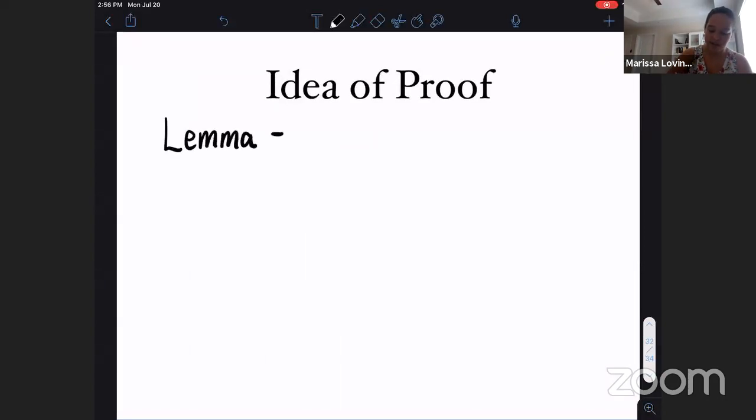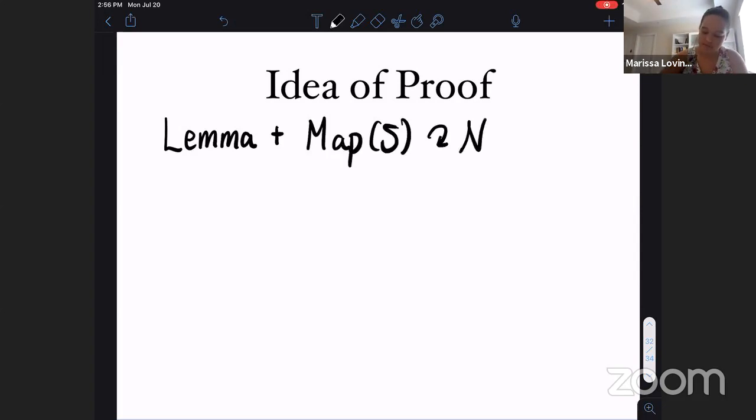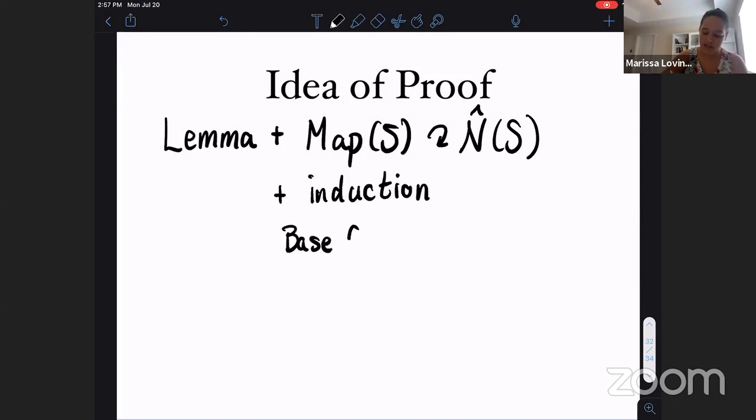We take our lemma, we take our action on our non-separating curve graph, and you're going to show some things about this action so that it satisfies the assumptions of our lemma. And then you're just going to sprinkle in a little bit of induction. The induction is going to be on the genus and the number of punctures.